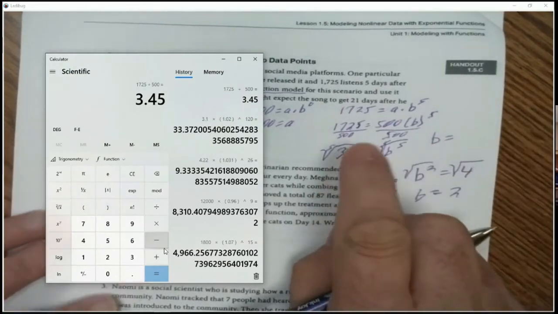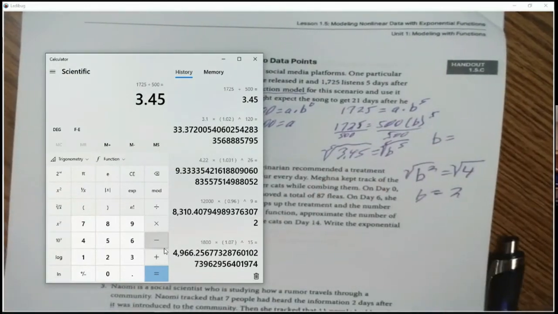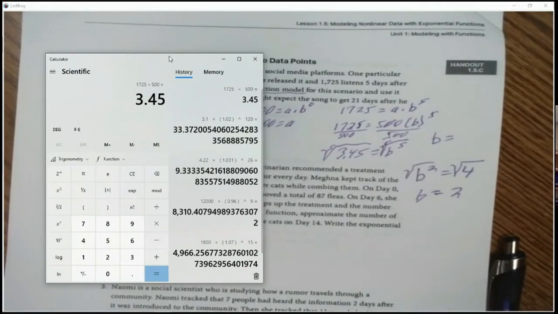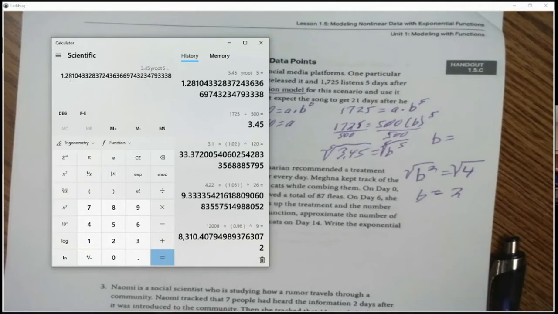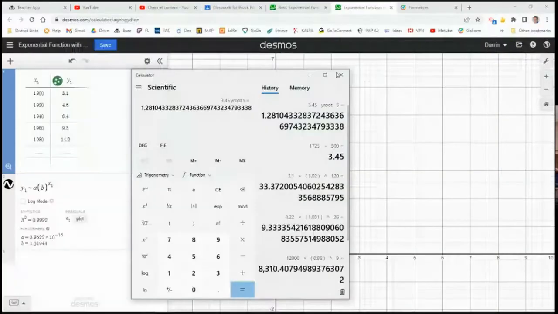What is the 5th root of 3.45? There's a couple of ways to do that. Let me show you with the calculator that's built into the computers here. If I got 3.45, instead of to the power of y, I can do the shift, the second, and now it's saying to the root of 5. So I say to the 5th root, and it's 1.28. Now I know how most folks are going to do this because it's quick and easy.